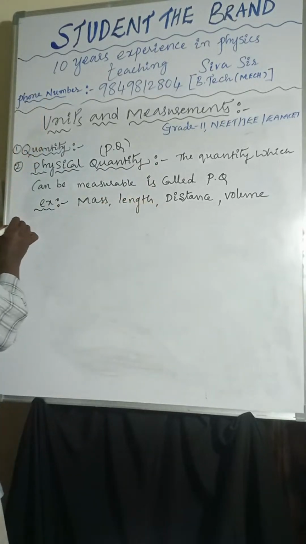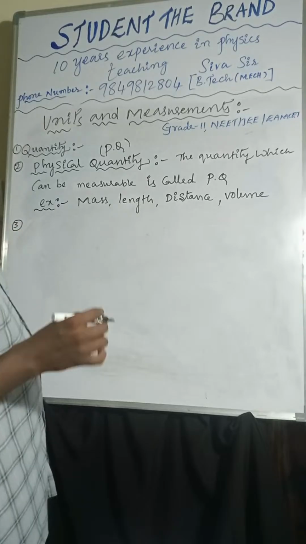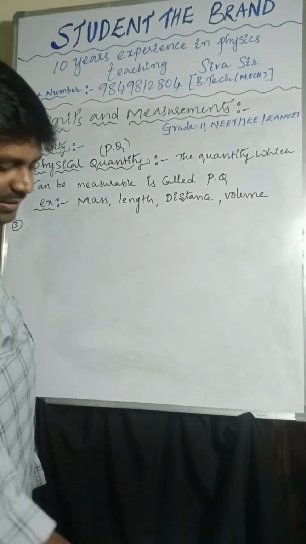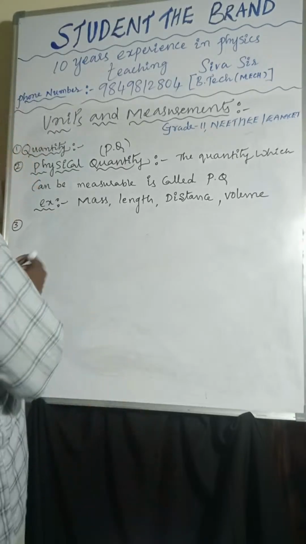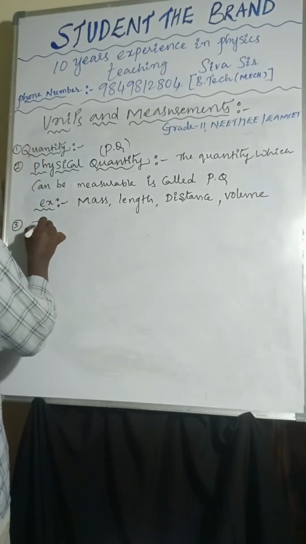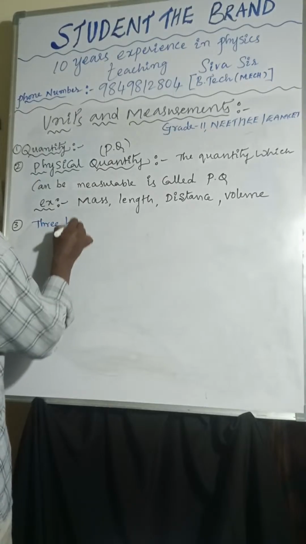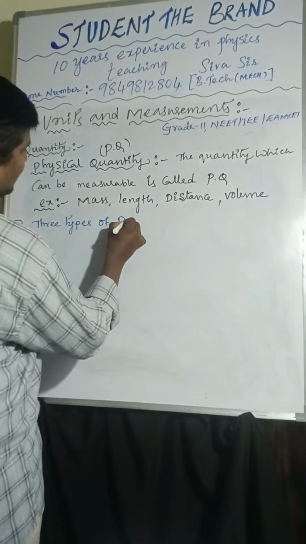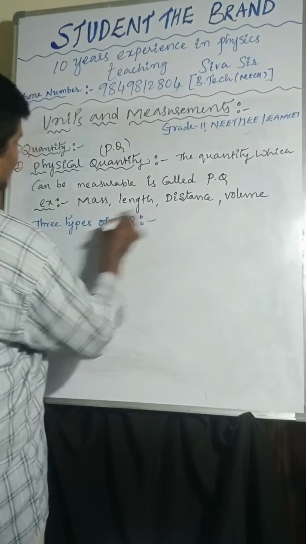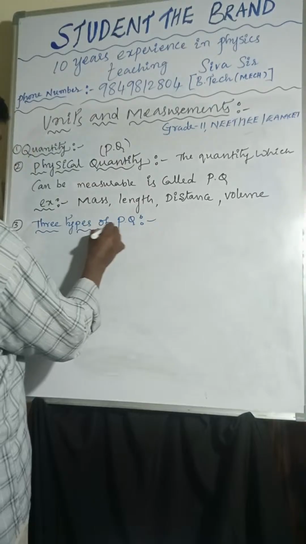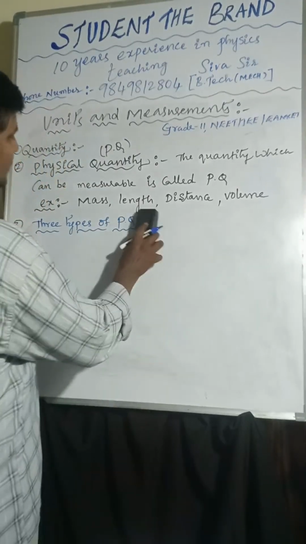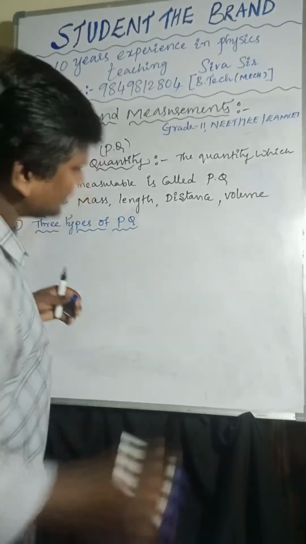There are three types of physical quantities. What are those?